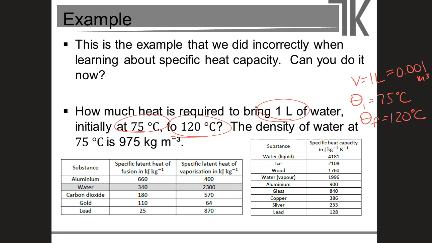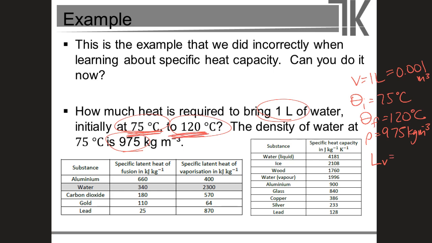The density of water at 75 degrees Celsius is 975 kilograms per cubic meter. Now the other thing that we're going to need is the specific latent heat of vaporization. We're going from liquid water to water vapor or gas.